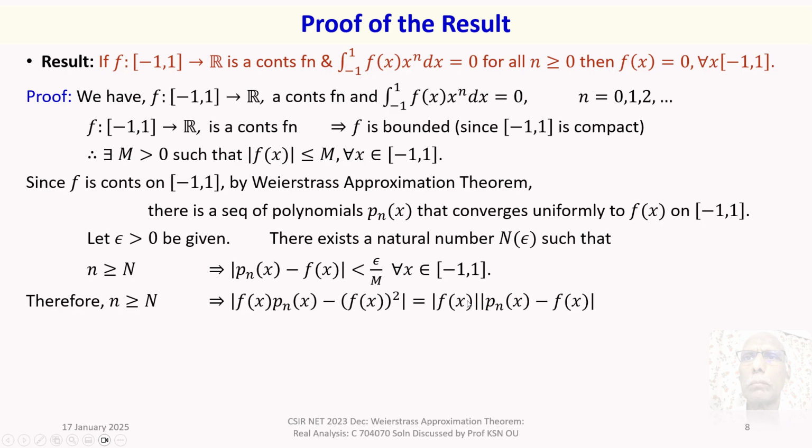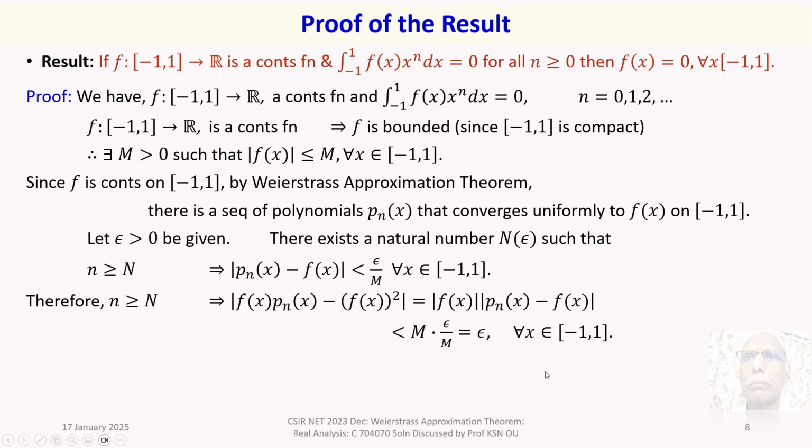Mod of f(x) is less than M because it is bounded, and mod of p_n(x) minus f(x) is less than epsilon by M because it converges. So this is less than epsilon, valid for all x belonging to the closed and bounded interval minus 1 to plus 1, for all n greater than or equal to N, which only depends on epsilon, and works for all x belonging to minus 1 to plus 1.